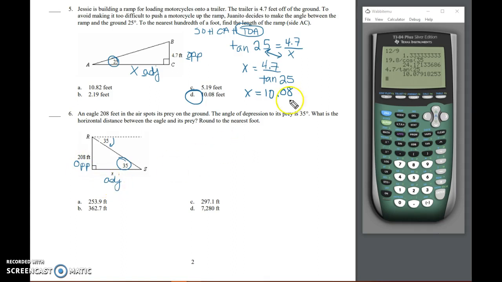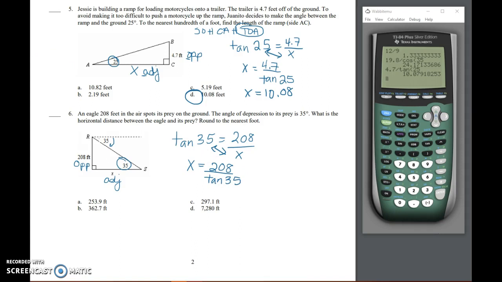Opposite and adjacent, again, that means I'm going to be using my tangent function. So I'm going to have tangent of 35 degrees equals 208 feet over x. And just like the problems before with my x in the bottom, they're going to switch. So x is going to be 208 divided by the tangent of 35.